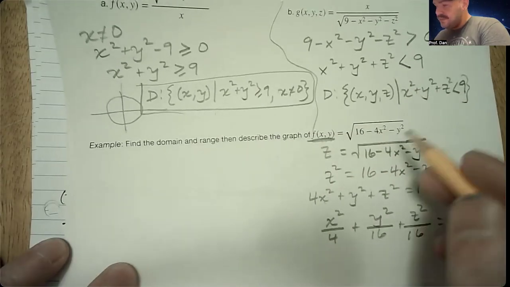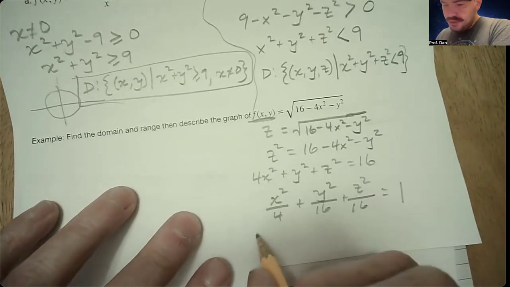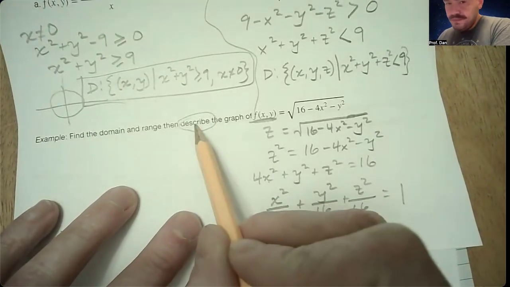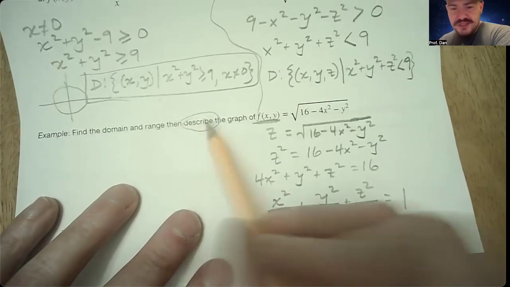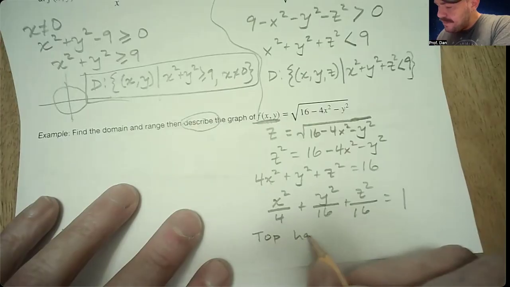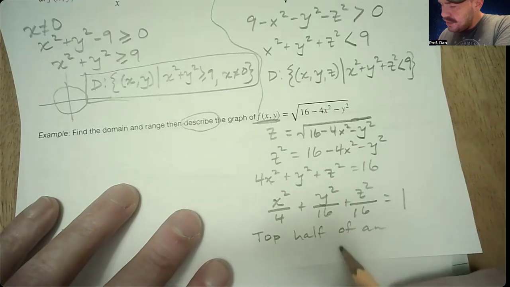So if I were to describe the graph, it doesn't tell me that I have to graph the whole thing, but it says to describe. I would say that this is the top half of an ellipsoid.